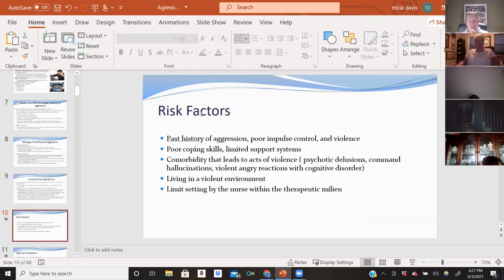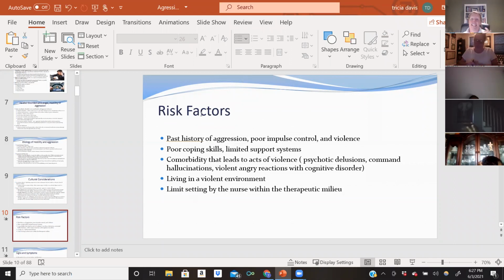So, risk factors for hostility and aggression. Any patient that has a history of aggressive issues, poor impulse control, and a violent history. Any patient that has poor coping skills or limited support systems. If we don't have support systems, we're not going to have good coping skills.